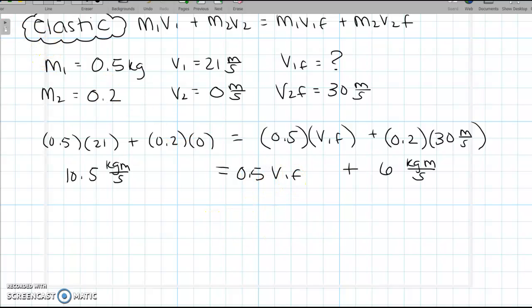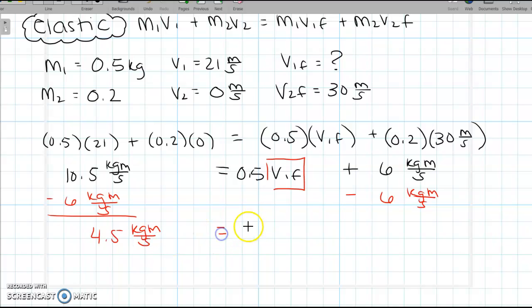So we are trying to solve for V1F, so we need to get this alone. So the first thing that I'm going to do is subtract 6 kilogram meters per second from both sides. All right, and that is going to give me 10.5 minus 6. It's going to give me 4.5 kilogram meters per second here is equal to 0.5 times V1F. All right, so again, to get V1F alone, I'm going to divide by 0.5 on either side. All right, and that should give me V1F.